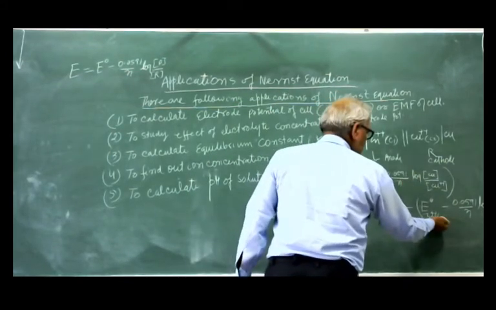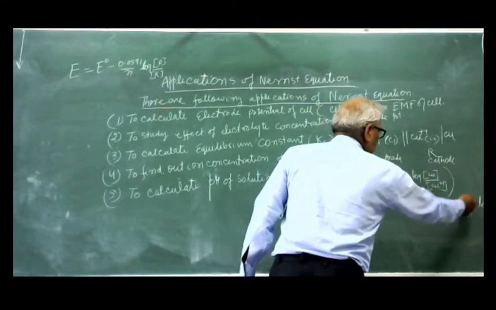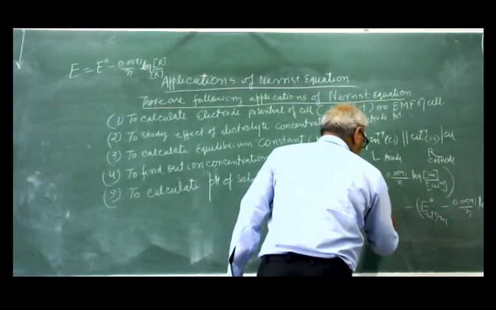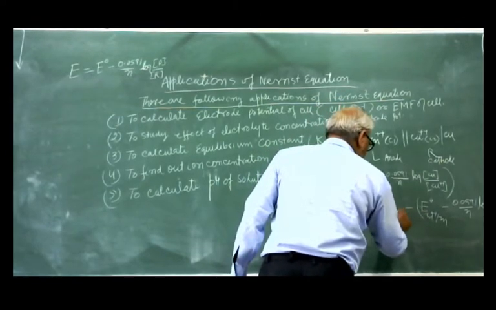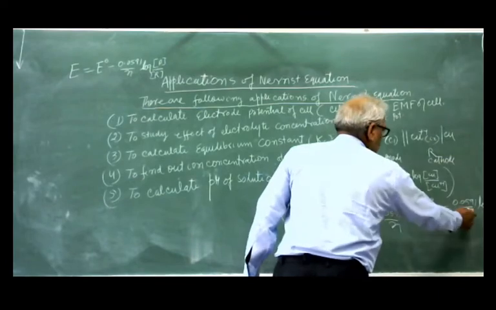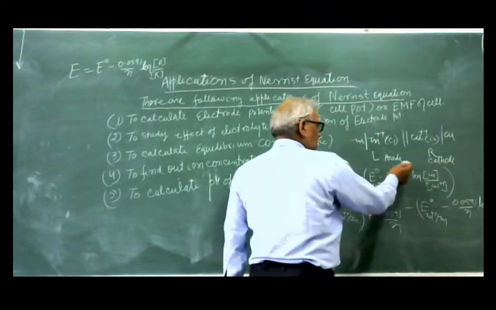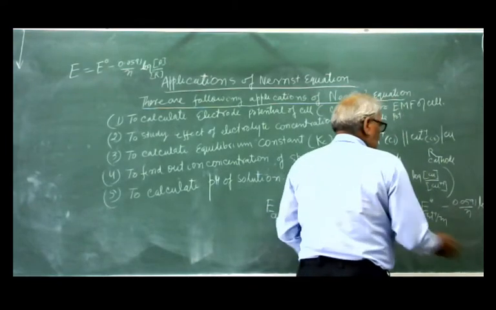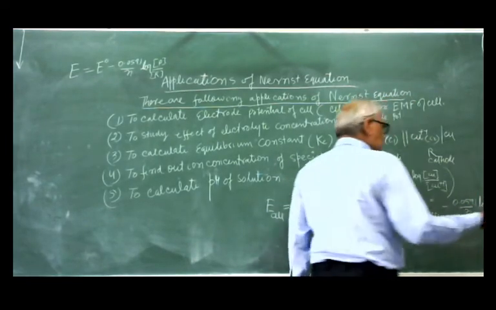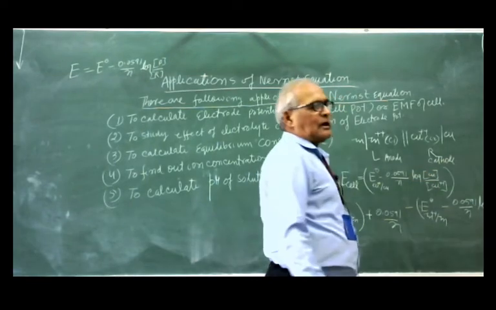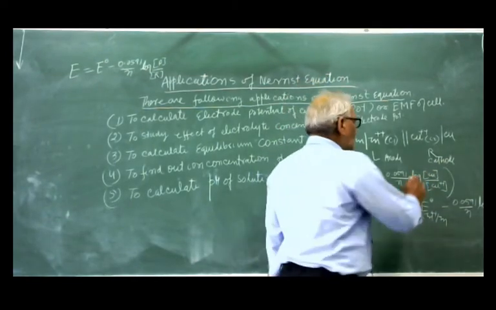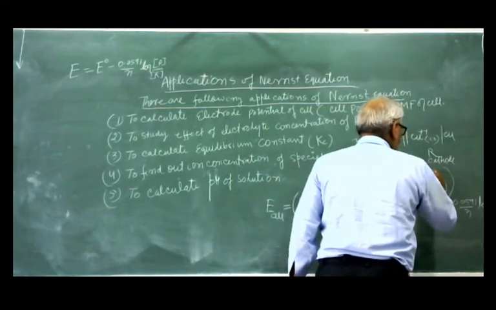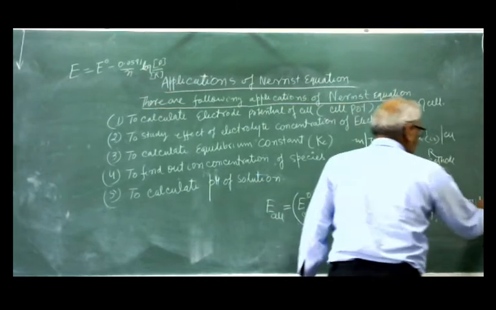This minus this, it means this is positive, you can say plus 0.0591 upon n. This is the common factor. Already we know the concentration of a solid is 1, so you can put 1 here and here also 1.